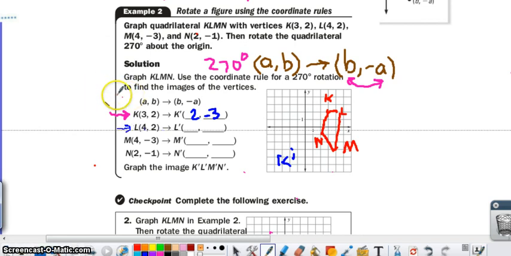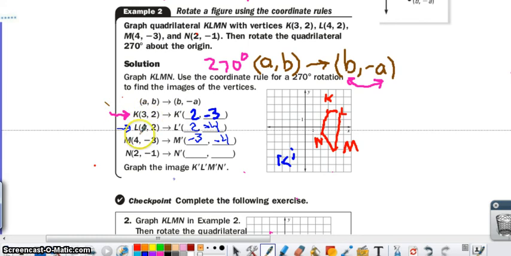So I've got L is 4, 2. So L prime is going to be, I switch the 4 and the 2, and I change the sign of the Y coordinate. M prime is going to be 4, -3, so I'm going to switch those around, -3 and 4, and then I change the sign of the second one.